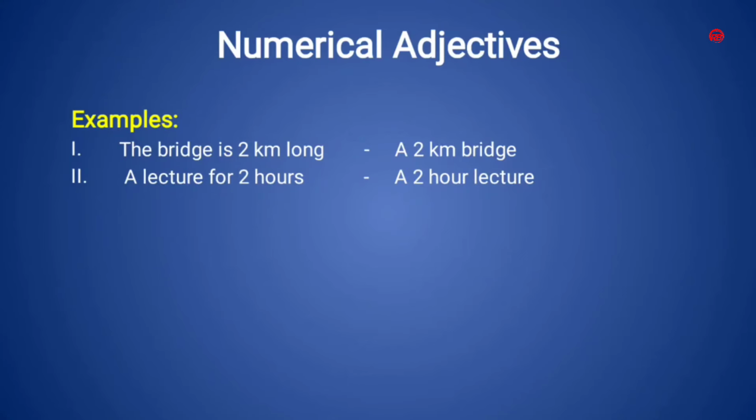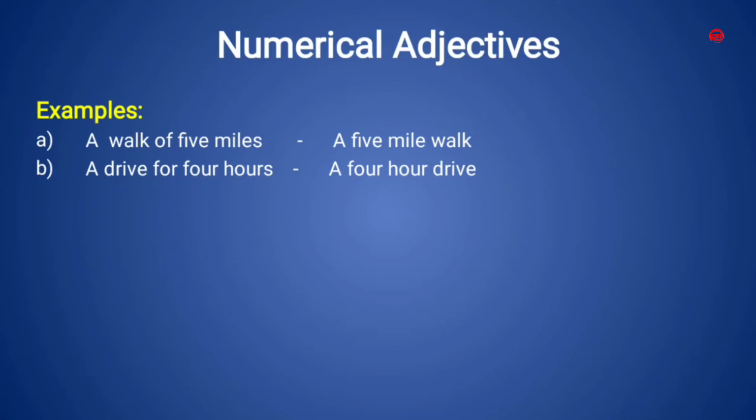Actually, here we have used the numbers in the numerical form. So we have to give the answer in the same way. And in this method we have used numbers in the word form. So we have to make the answer in the word form itself. A walk of 5 miles.